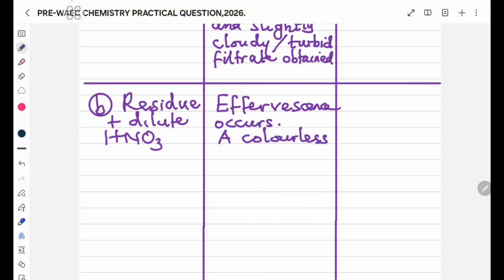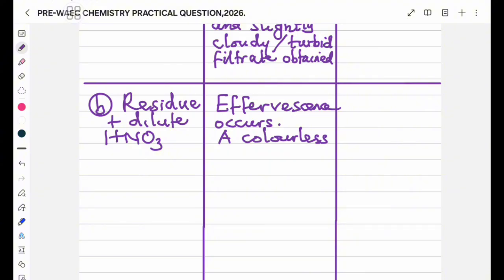That's a color test. Observe the color, the odor. There is a way you blow the gas towards your nose. Don't put your nose directly on the reaction tube, the boiling tube or any container where the reaction is carried out. It's not ethical. So you blow gently towards your nose to perceive the odor of the gas.